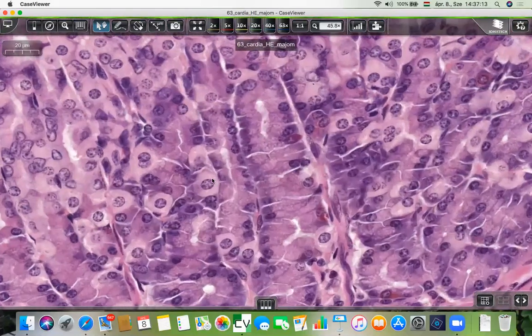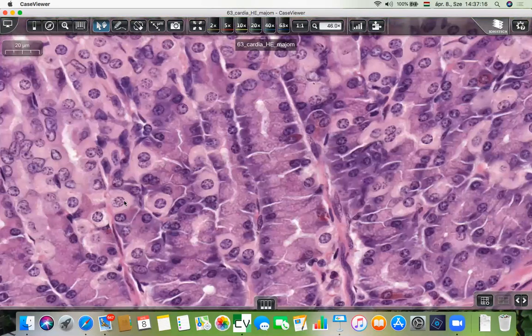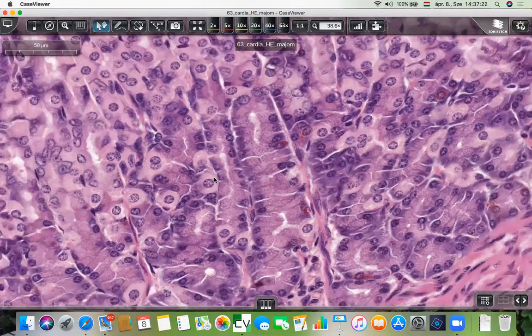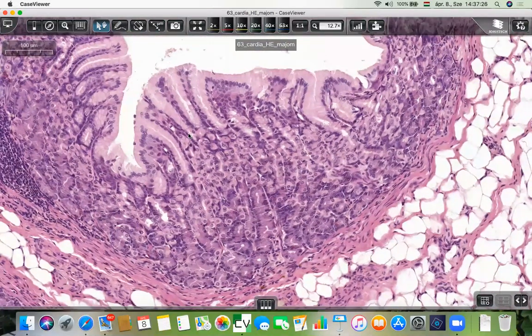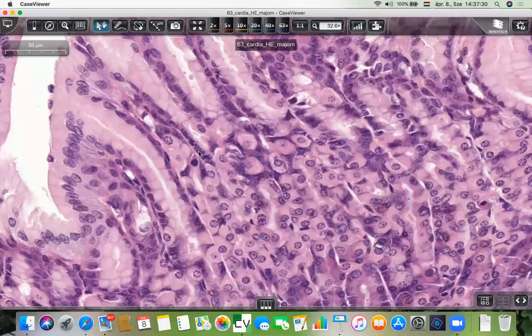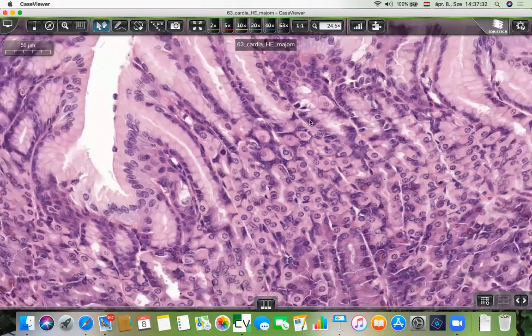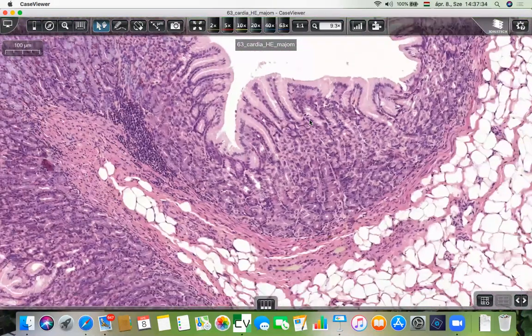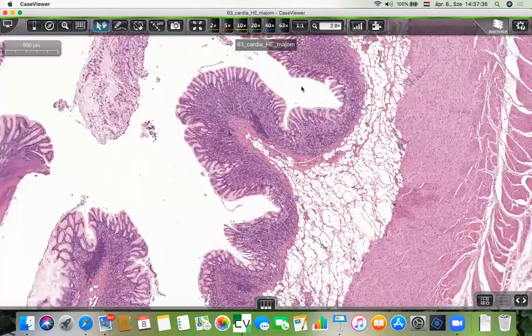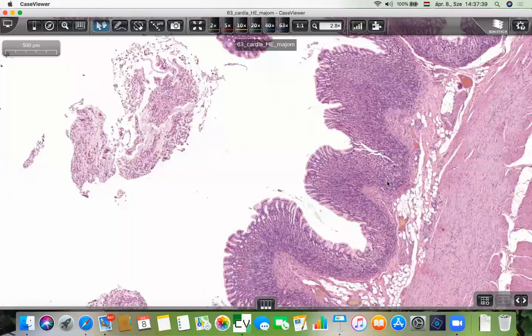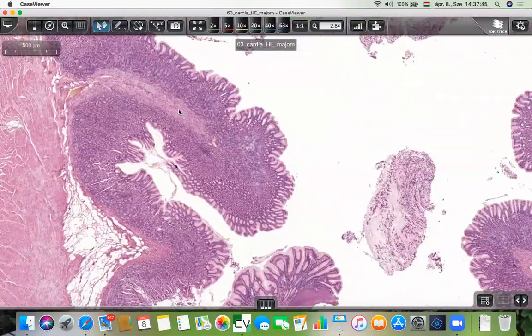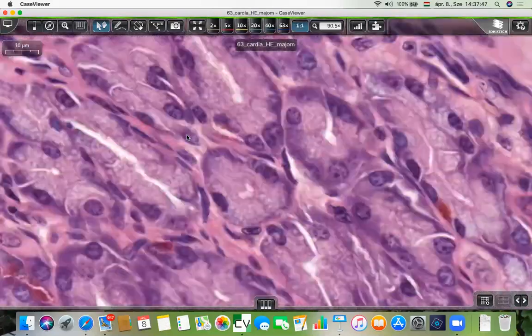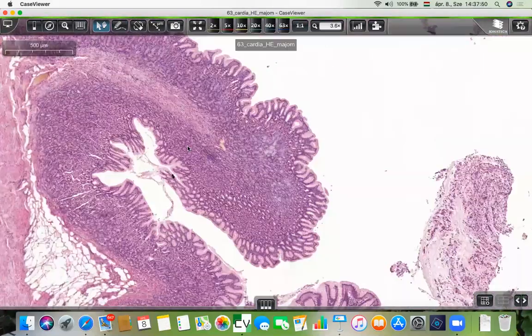Here we have the scrambled eggs appearance: they are the parietal cells secreting hydrochloric acid and intrinsic factor. In the neck region, we can see some cuboidal cells. They are the mucus secreting neck cells. So it's a typical stomach mucosa. Here as well, we can see the gastric pits everywhere. There are also the rugae, the folds of the submucosa.